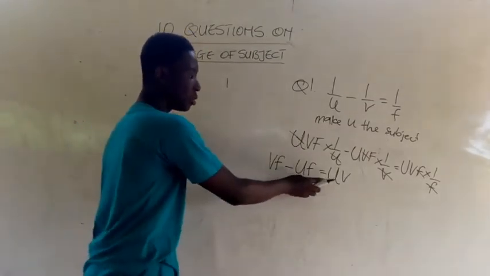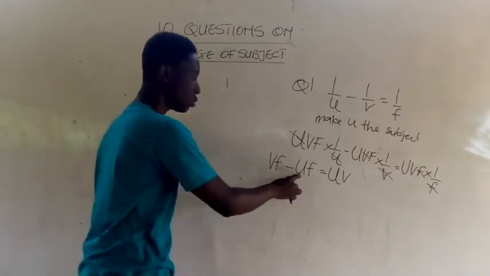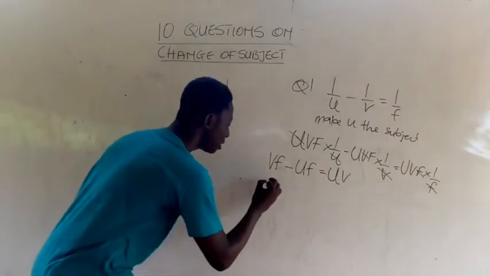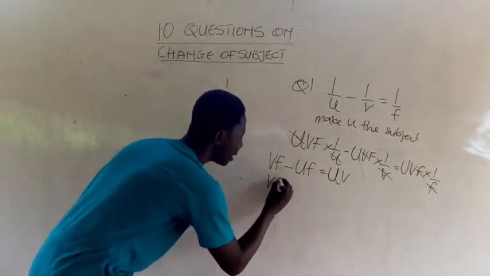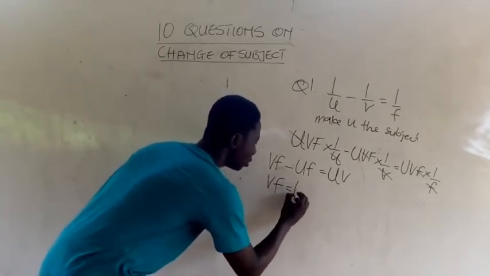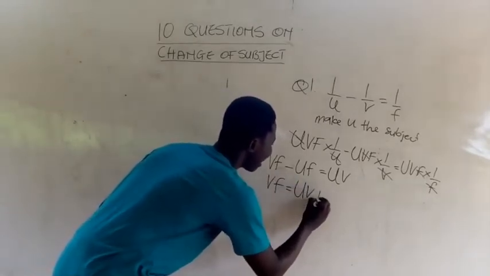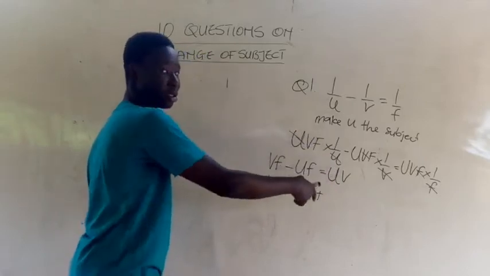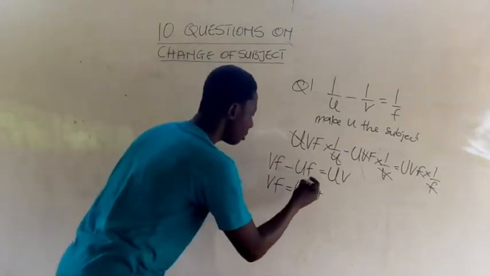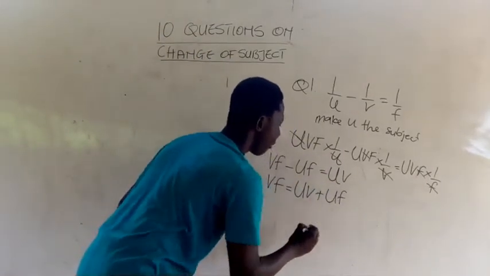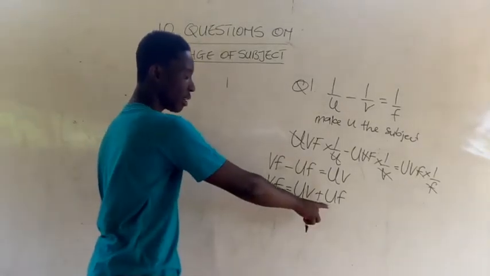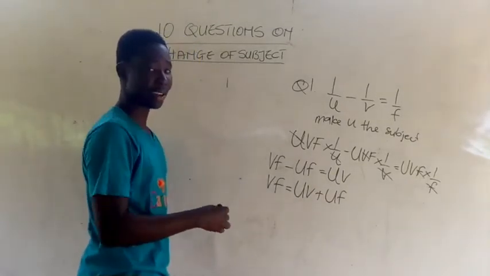We're having u here, so we group like terms. So this one will go to the other side. I'm going to get u vf is equal to uv plus, because this one crosses the equal sign it becomes positive, plus uf. Now we're having u in common here, so you can factorize that out.